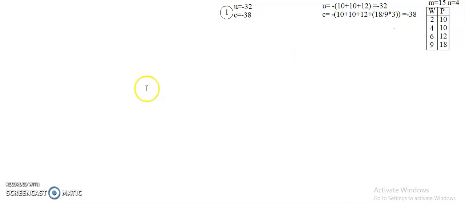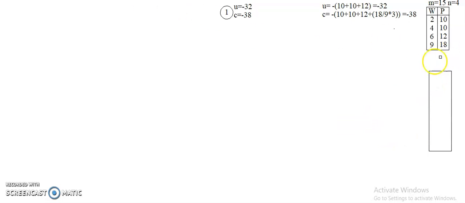Okay, so let me start with this. Initially I have not added any object or any item to the knapsack bag. Let me write the knapsack here. Let me draw a bag-like structure. This is called my knapsack. Initially my knapsack is empty.